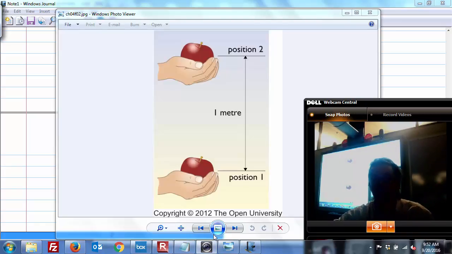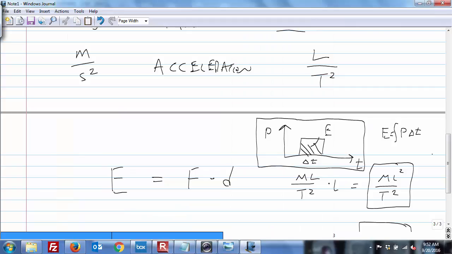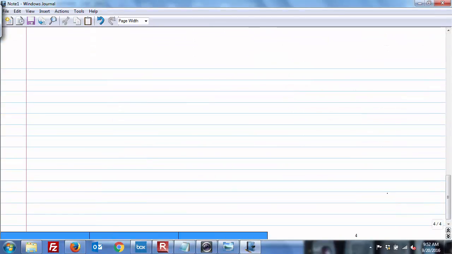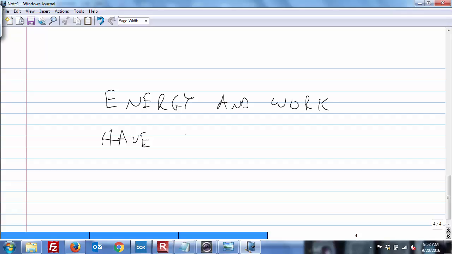Also very critical: energy and work have the same dimensions.